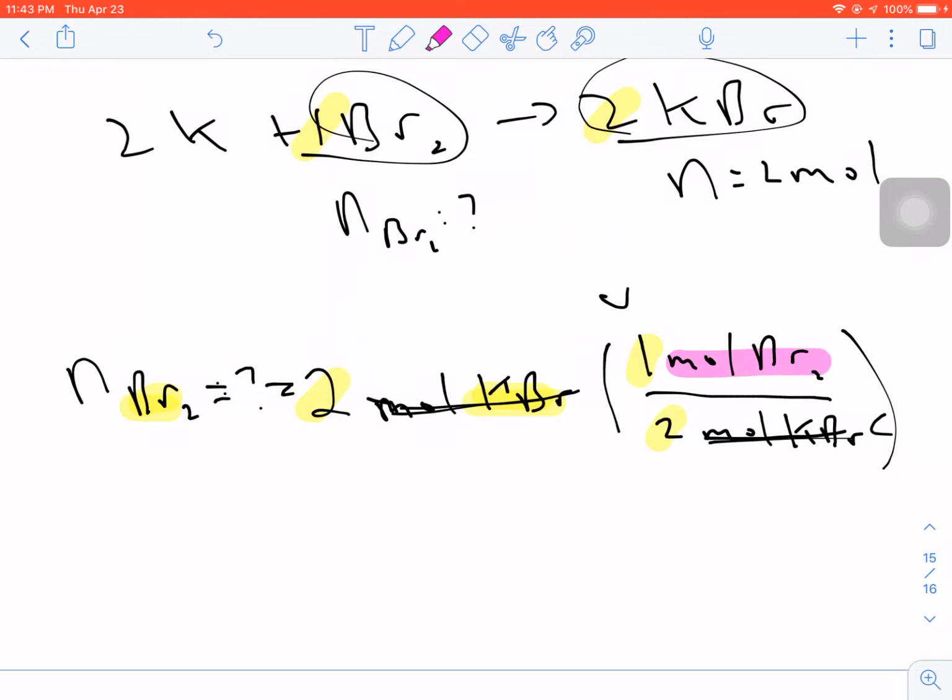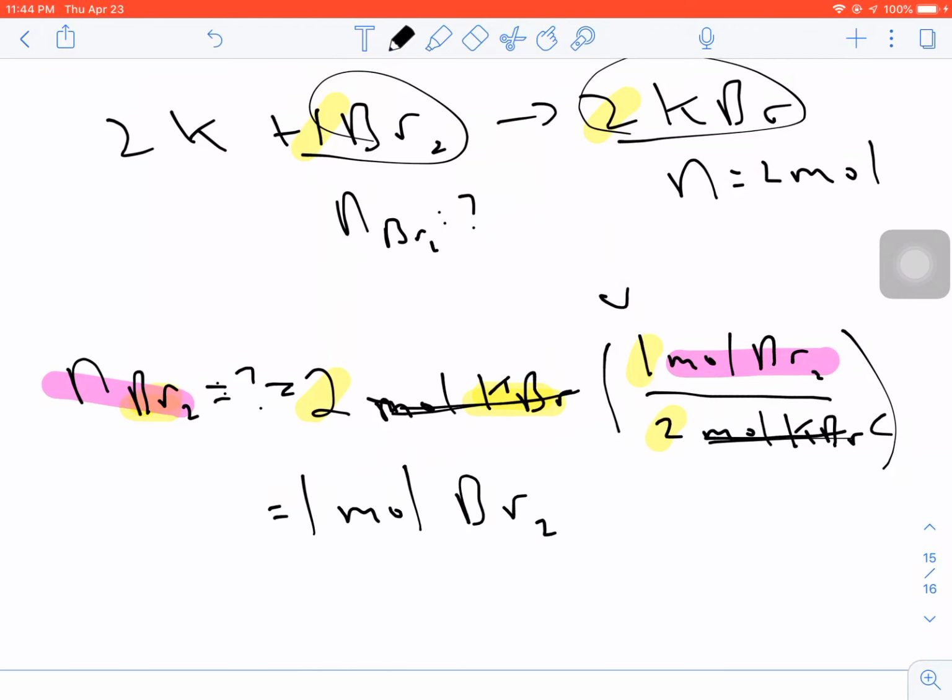That's what I'm looking for, how many moles of Br2. So I'm going to take my 2 times 1 divided by 2, and I'm going to get 1 mole of Br2.